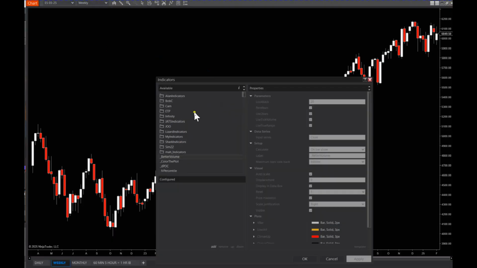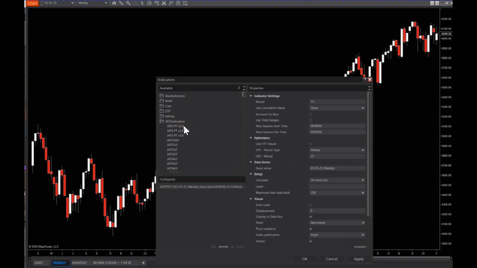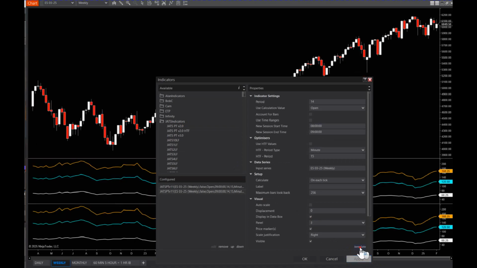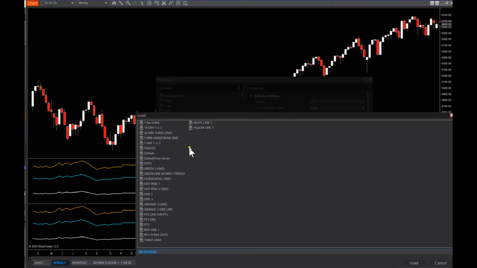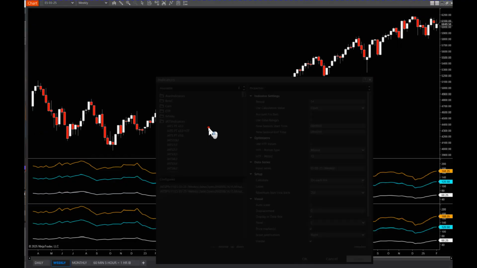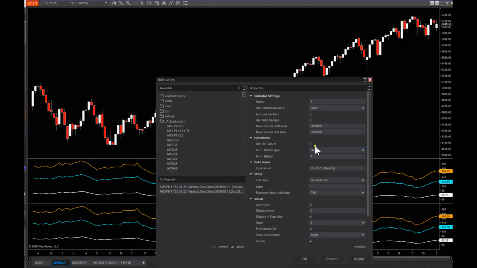Put 2 instances of the Jats PT on, and then apply and change this bottom one to that 1 period weekly. And put it in panel 2 with the weekly distribution.